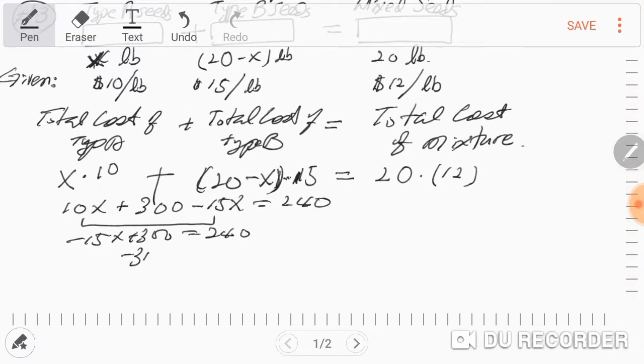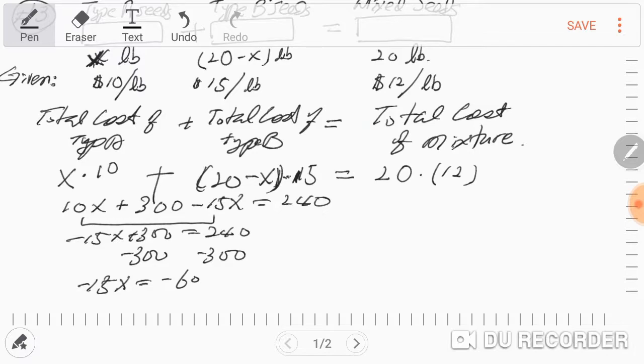Then minus 300 each side. Negative 15X equals negative 60. And then divide each side by negative 15. Then X equals positive, is it 12? One moment, let me check what's wrong with this one. Okay, there's a mistake.